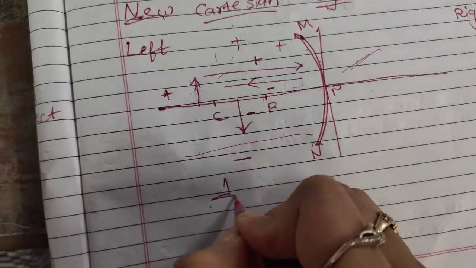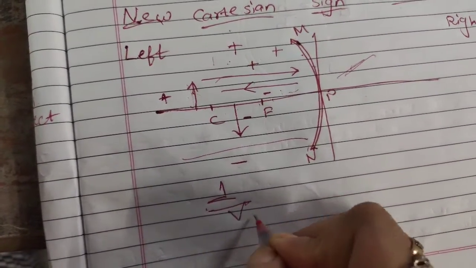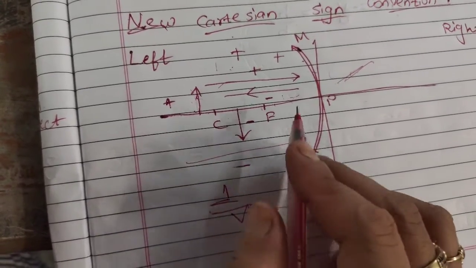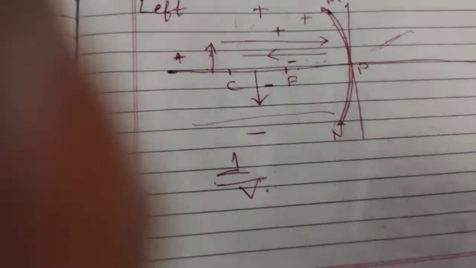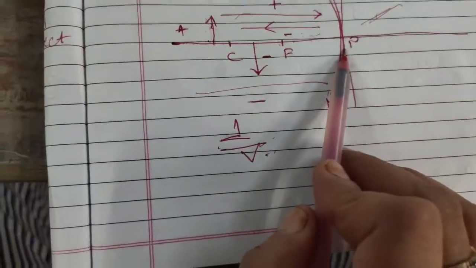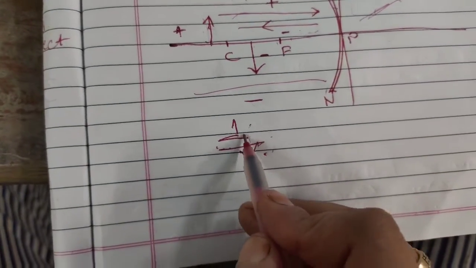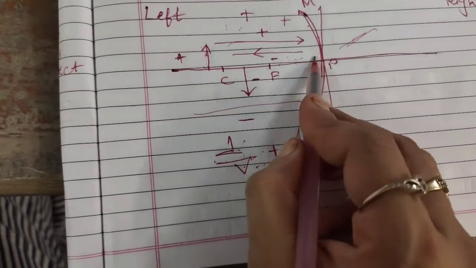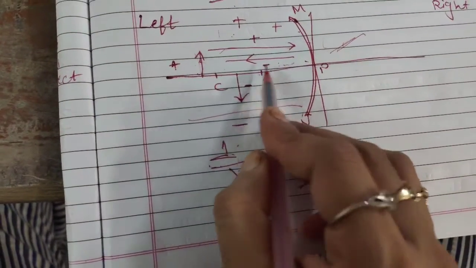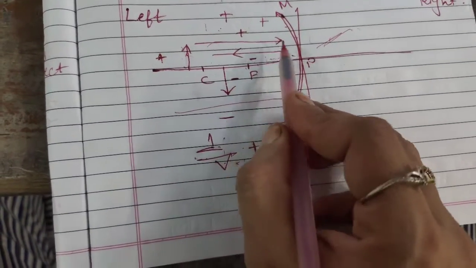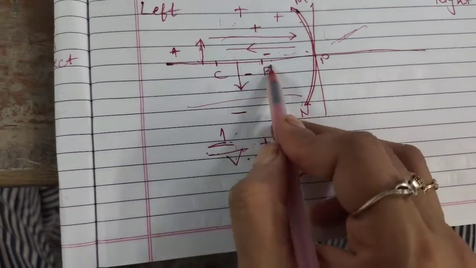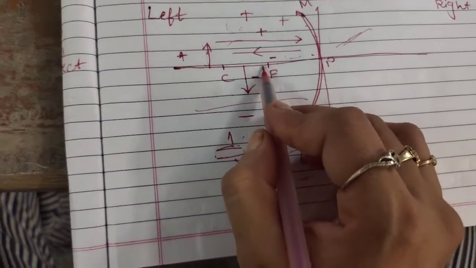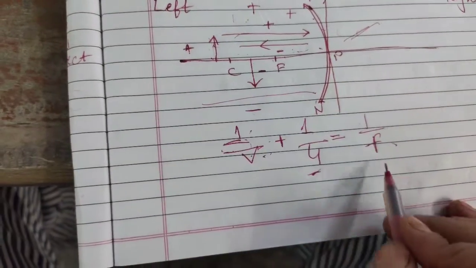So the formula is 1 upon V, where V stands for the distance of the image from the pole, plus 1 upon U, where U stands for the distance of the object from the pole, equals 1 upon F, the distance of the focus point.